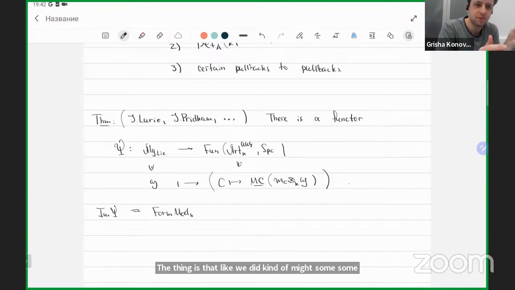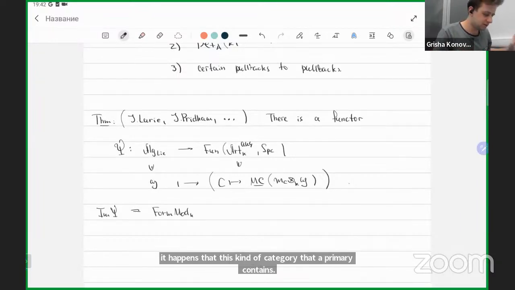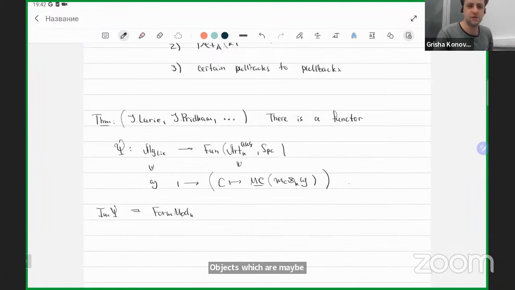But after we invert quasi-isomorphisms, it happens that this category, which a priori contains objects which live in infinitely many degrees, is in reality equivalent to a smaller category which consists of so to say important algebras.